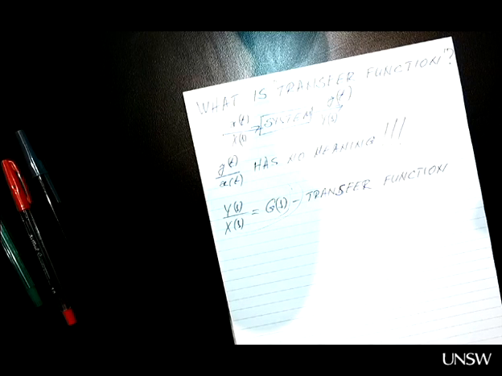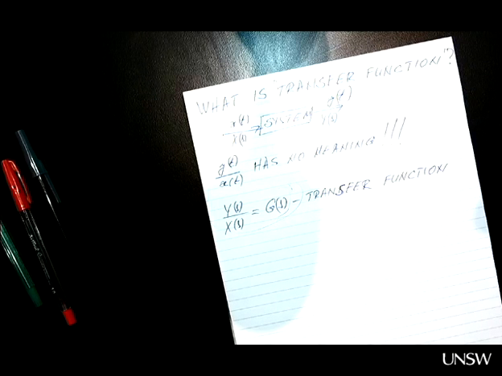Now, to answer one of the questions on the discussion forum, because I know at this stage students are still not sure about initial conditions: how do initial conditions affect the transfer function? Well, the answer is they don't. The transfer function does not depend on initial conditions.